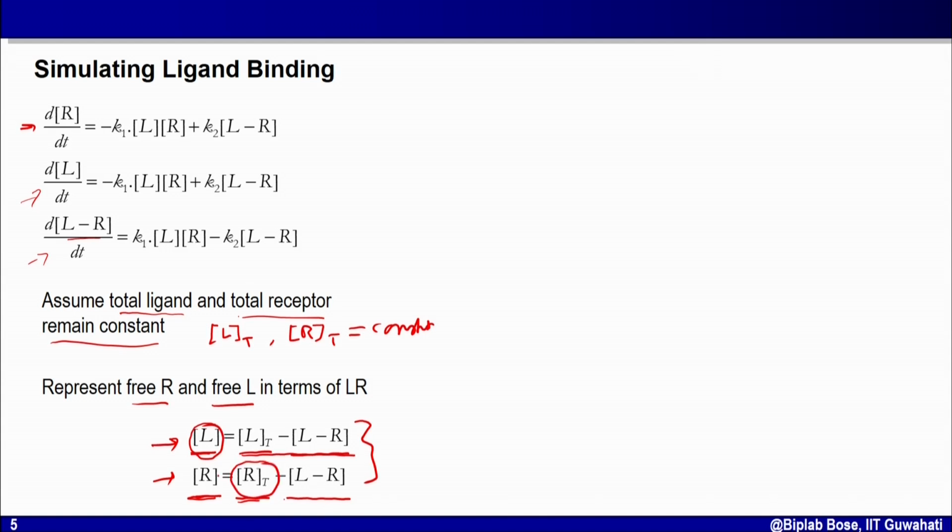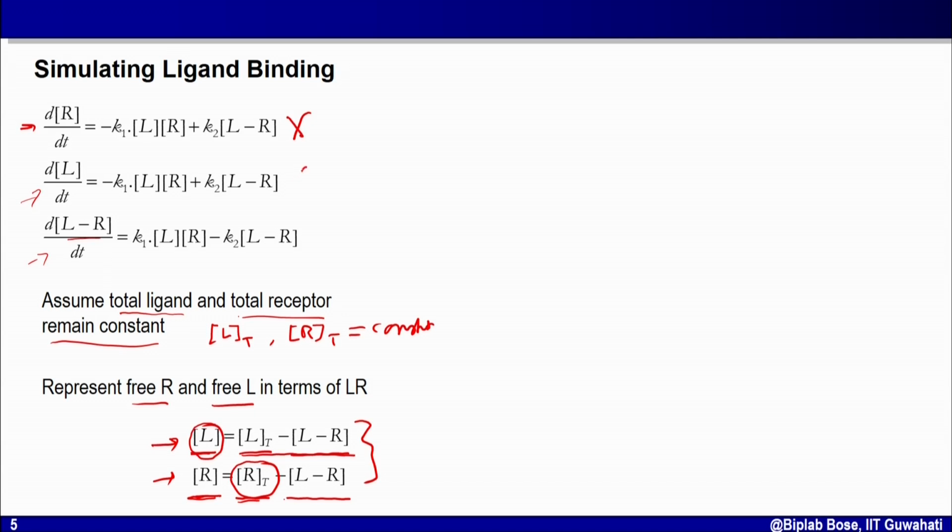Again, RT is constant, so I don't require an ordinary differential equation for RT. So I am left with one dependent variable, that is LR, the concentration of the complex. That means I don't require this ordinary differential equation representing the rate of change of free receptor.